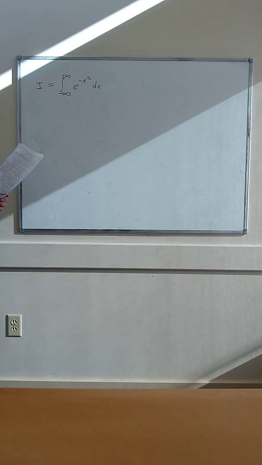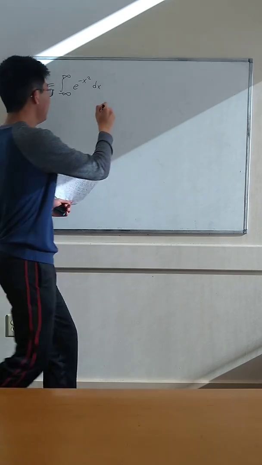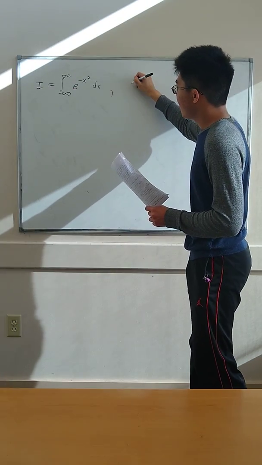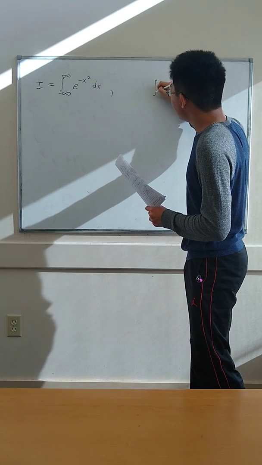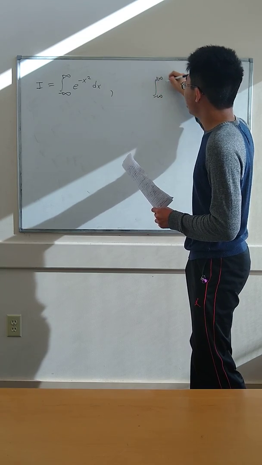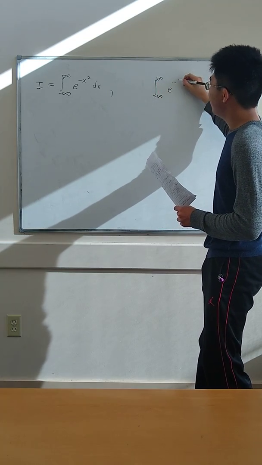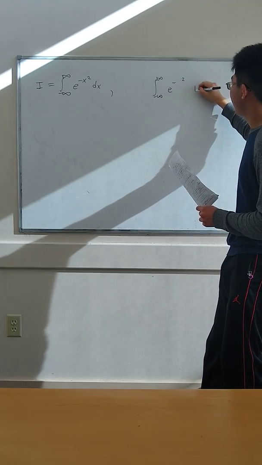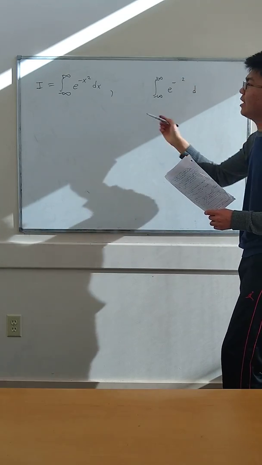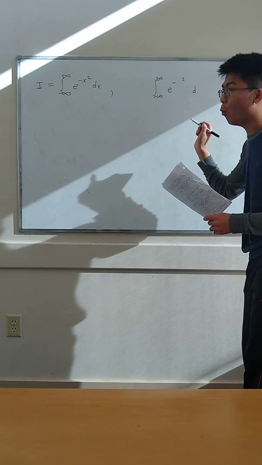I'm going to do something a little different. I'm also going to take the integral of the same function, e to the negative square of something. But now, instead of x, I'm going to replace it with y.